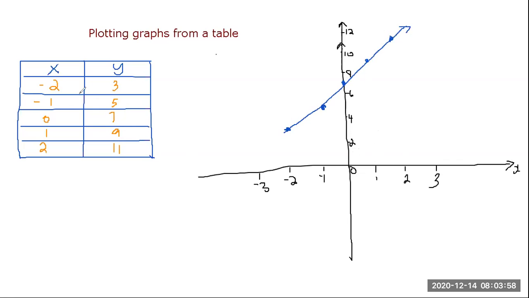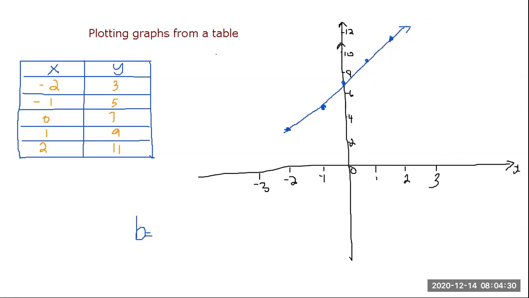Again, you could take 2 points from this and find your slope. And from here, what would I say my y-intercept is? You know the y-intercept is represented by b. You could look at the table, you could look at the graph. Where does the line cross the y-axis?